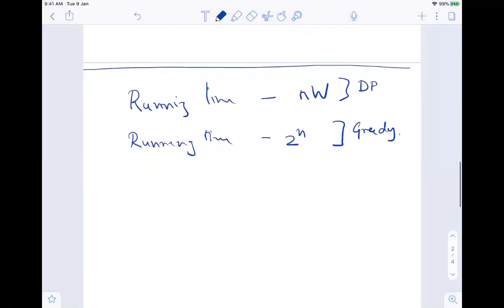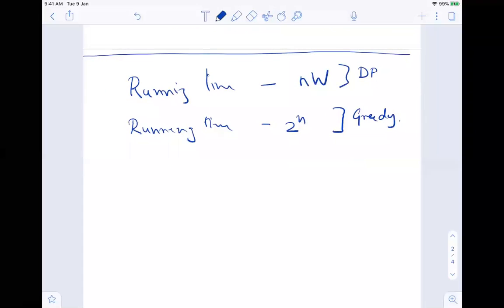Now, so far you have been doing a lot of algorithms where we say that this running time is linear in the input or quadratic in the input or something like that, right? What do you think?